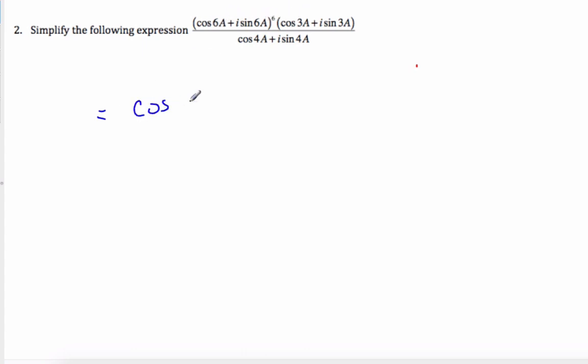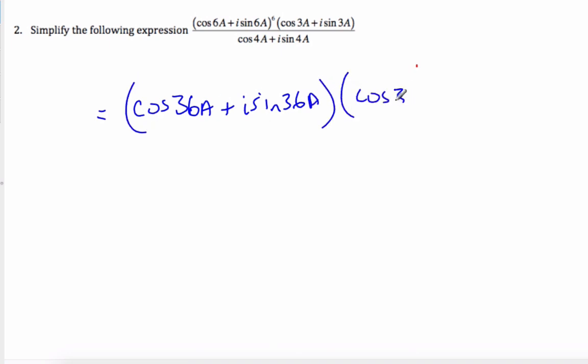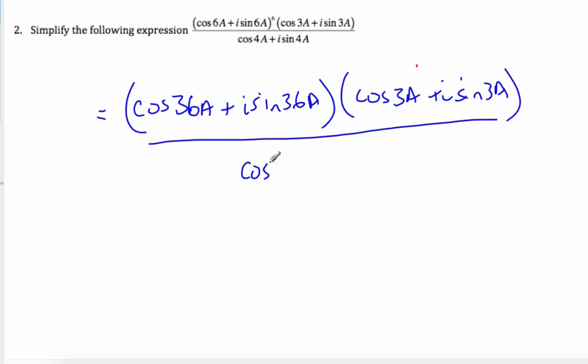So this is cosine 36a plus i sine 36a, times cosine 3a plus i sine 3a, over cos 4a plus i sine 4a.